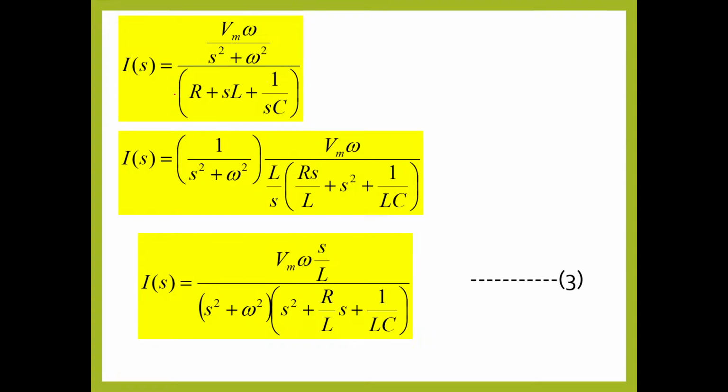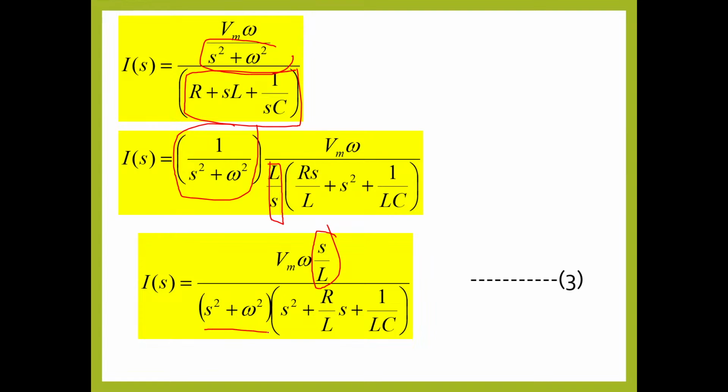After taking I of s common, you can further simplify it. What I have done is, in the numerator, I have written 1 by s square plus omega square aside, and besides that I have got Vm omega by L into s divided by s square plus R by L s plus 1 by LC. Actually, I have taken L by s common from this expression and sent it to the numerator.